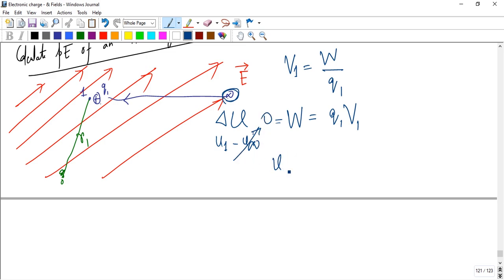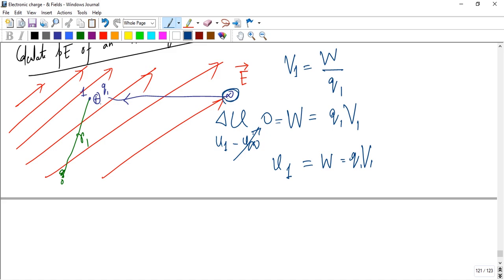So U1 is equal to W, that is Q1 V1. So there is an external electric field corresponding to an external potential at any point, here point 1.